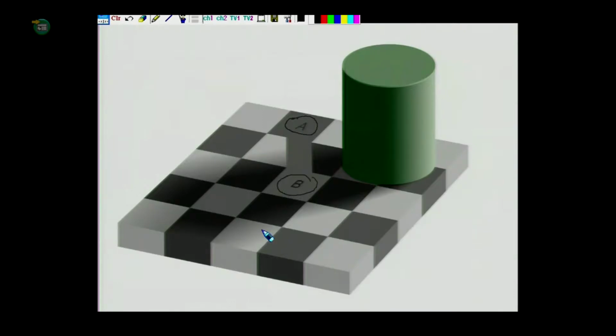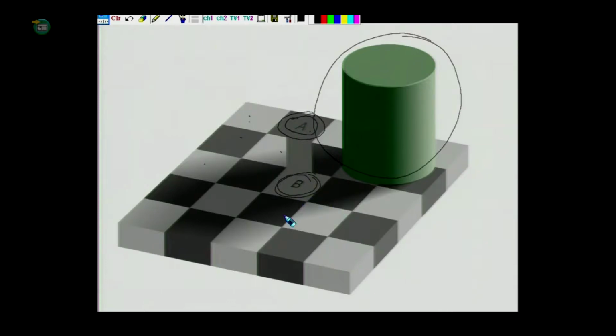The reason for that is that first we have some knowledge about the chess game. We know that white and black should come alternately. So we expect A to be black, and we expect B to be white, right? Then what is the column doing here? If we just see that A and B are different, this is also black, maybe the person who made this chessboard made a mistake.